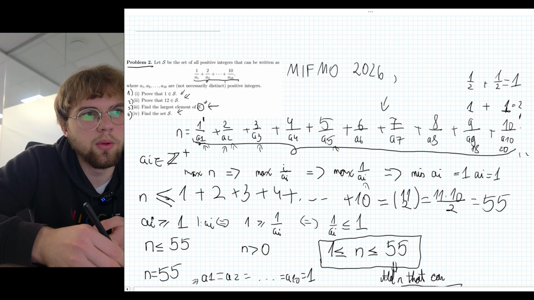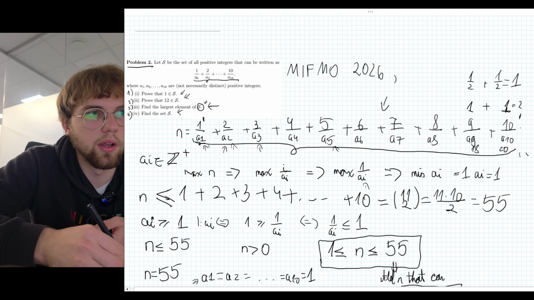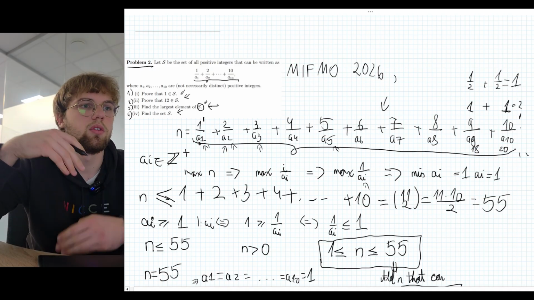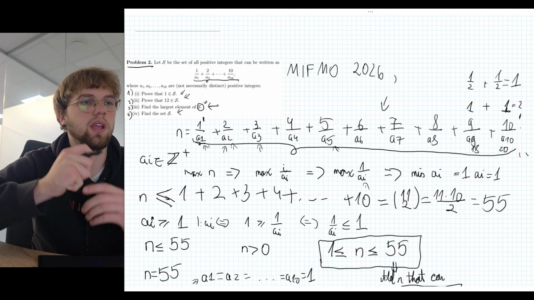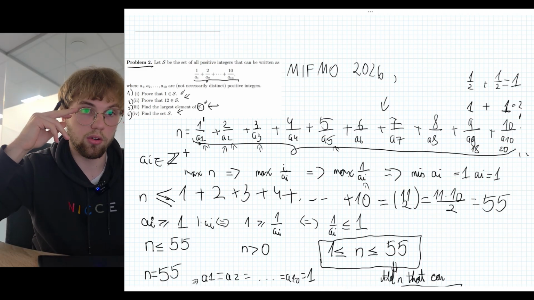But what you do is, okay, then you ignore this number, you write a 1 here, and then you make this a 54. What you do then is you ignore this number and then you make this a 53, and you'll get 2 plus 1. Then you ignore this number, you just play around with these numbers, make all the denominators equal.